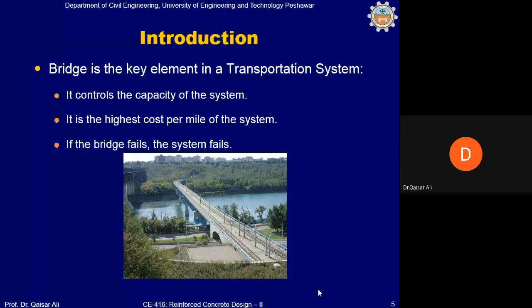No need for any explanation because it is one of the costliest components in the transportation system. And if the bridge fails, the system fails because, as you can see in this picture, the bridge connects two cities or two towns, two places across the river. So if the bridge fails, then these two places will be disconnected.